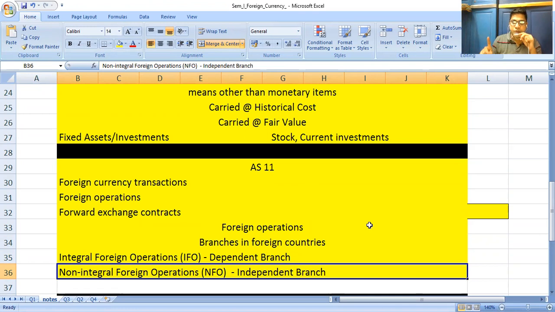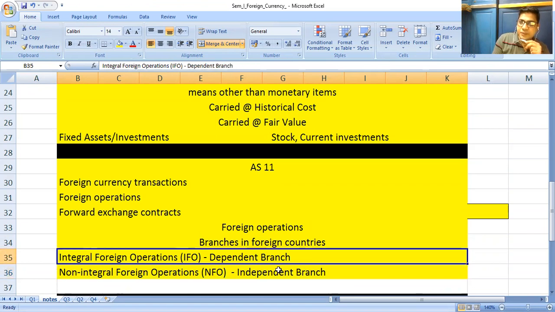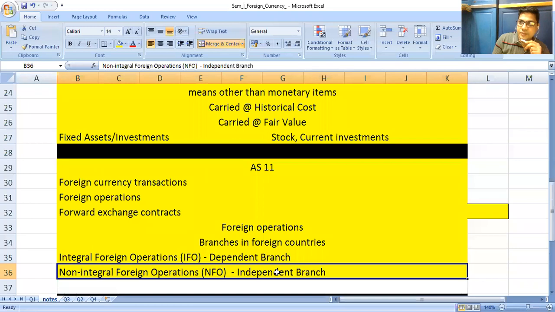Integral foreign operation means dependent branch, and non-integral foreign operation means independent branch. Integral means dependent, non-integral means independent.